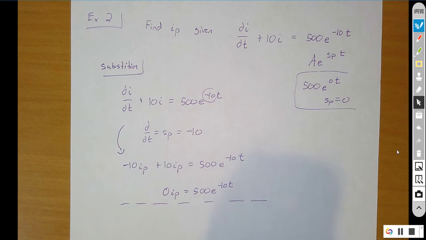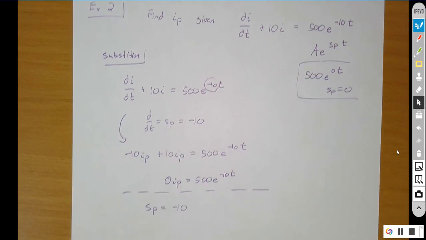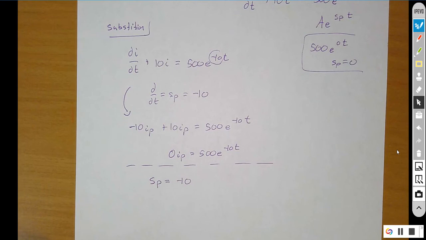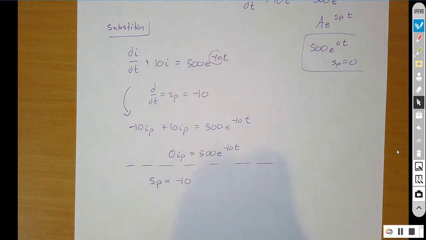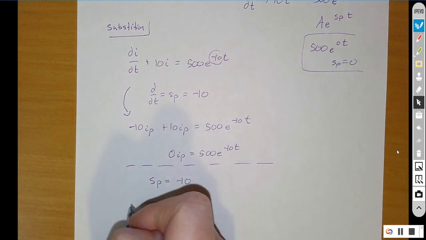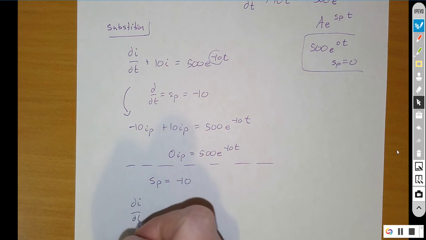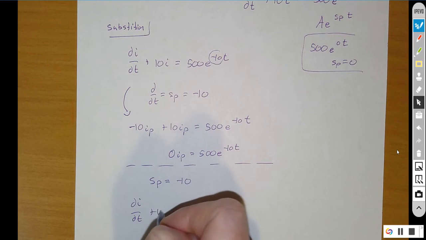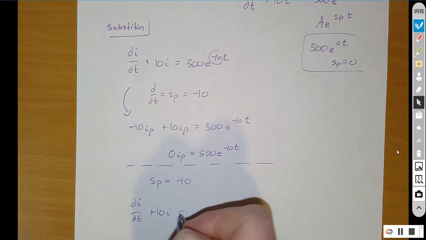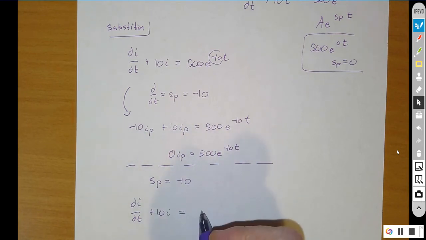So is there any way we could know ahead of time that we can't use substitution? There is. Remember that S_P was negative 10. If we go back to our differential equation and try to find S1, so di/dt plus 10i, this is for the natural response. When you find the natural response, you set the right-hand side equal to 0.